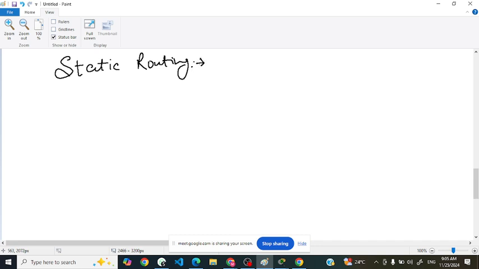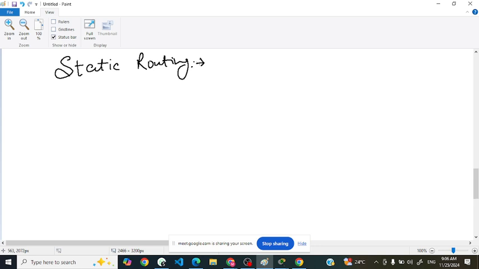Default routing means, if you want to send a packet from a source to destination and you don't have any path, and you don't know about any path, then you tell the router: if you don't have any path, either by manual instruction or by itself, then send this packet by this interface only, or to this network only. Okay, sir.